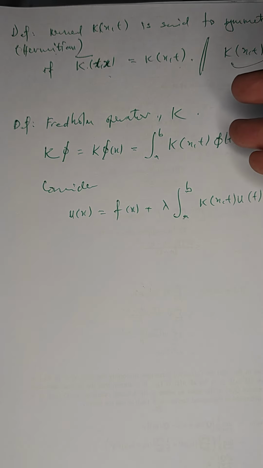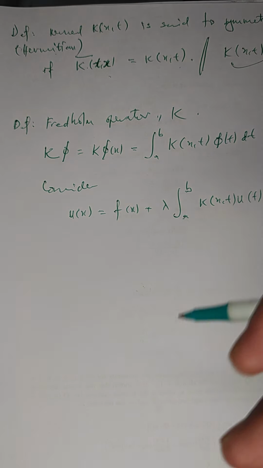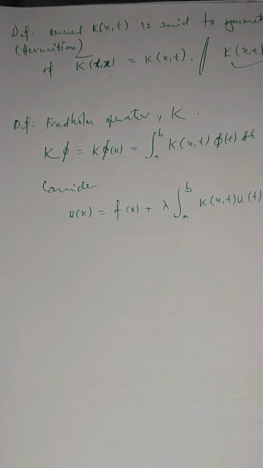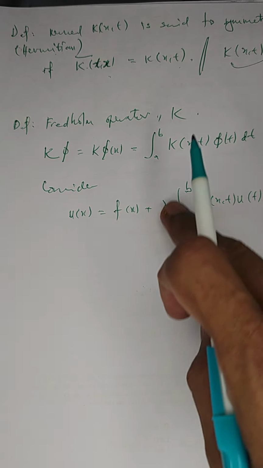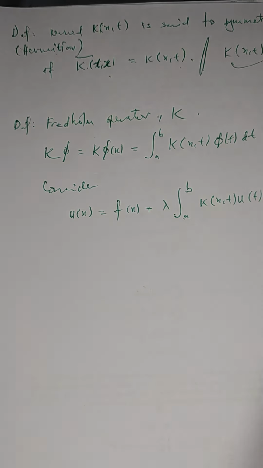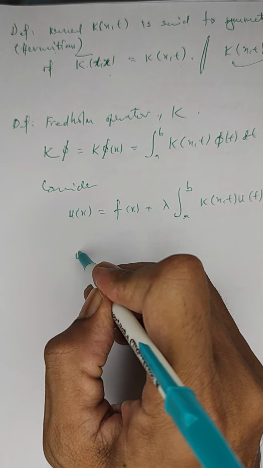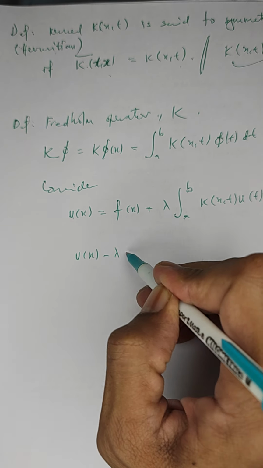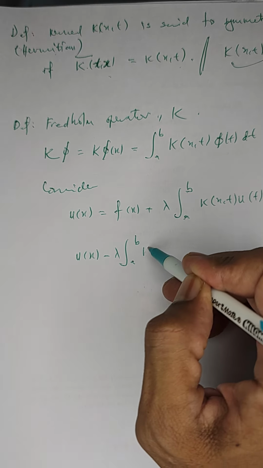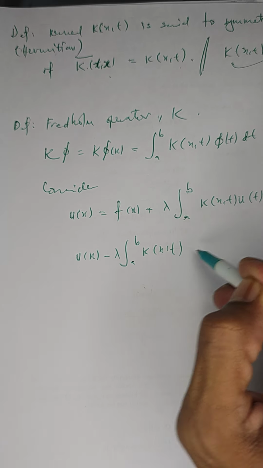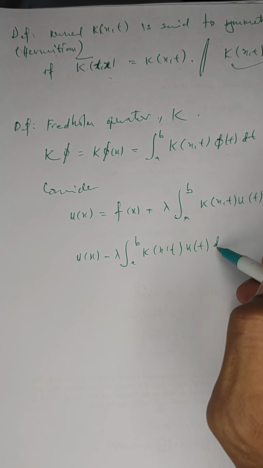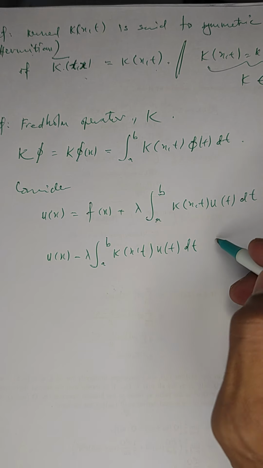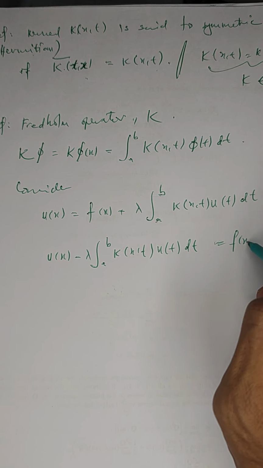If you want to write this as an operator equation, you can introduce the operator and write u(x) minus the integral from a to b of k(x,t) u(t) dt equal to f(x).